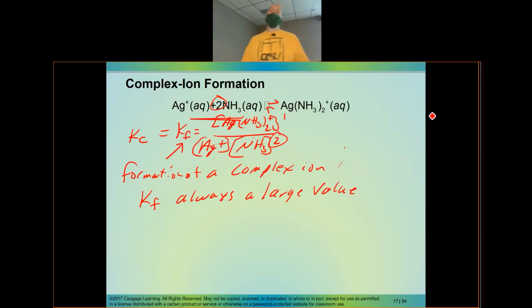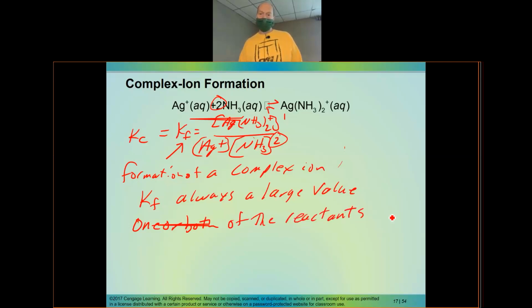All right, which means that when you have an initial concentration, the reaction is going to go completely to the right until something on the left is 0. So when we had the very small value, something on the right had to be 0. When you have a very large value, something on the left has to be 0. All right, and so one or both of the reactants must be 0.